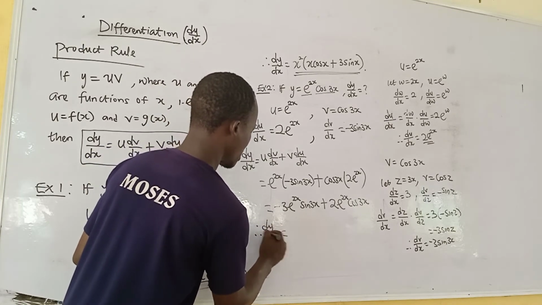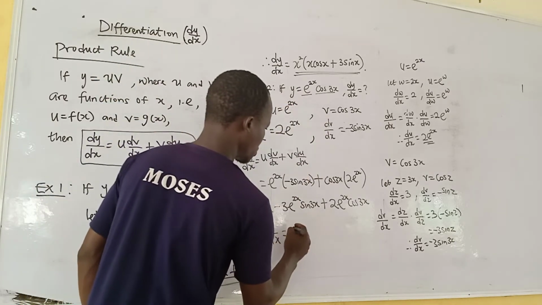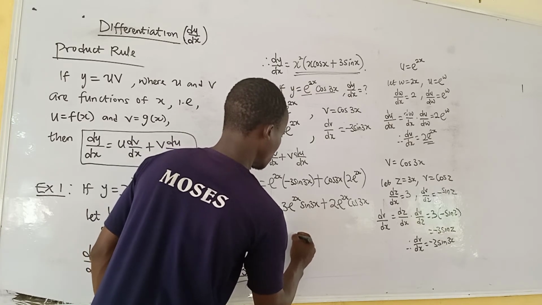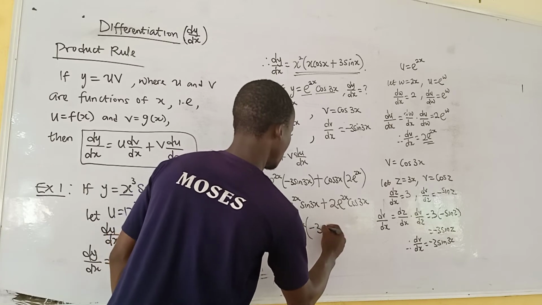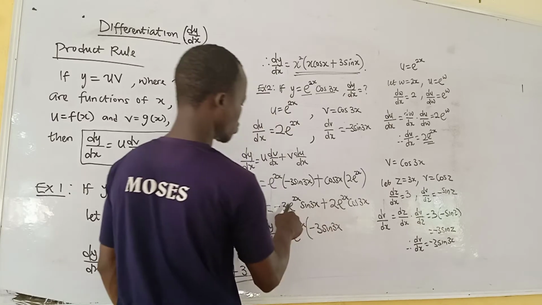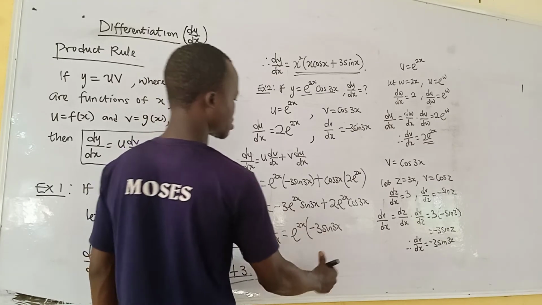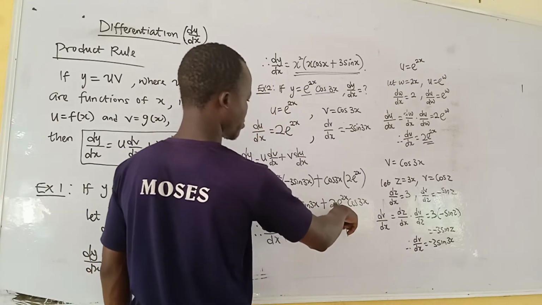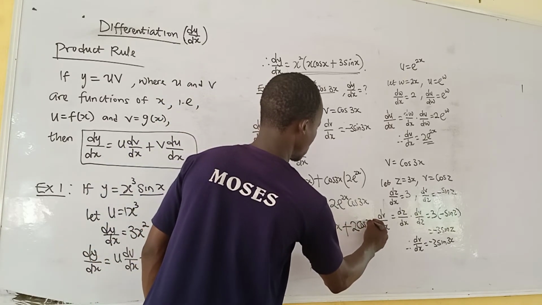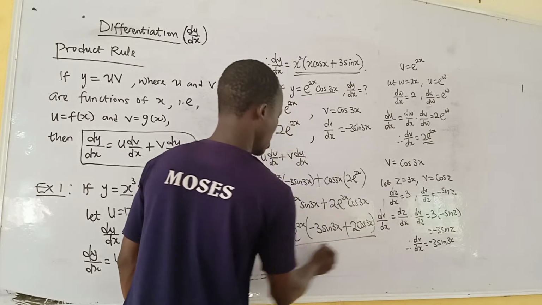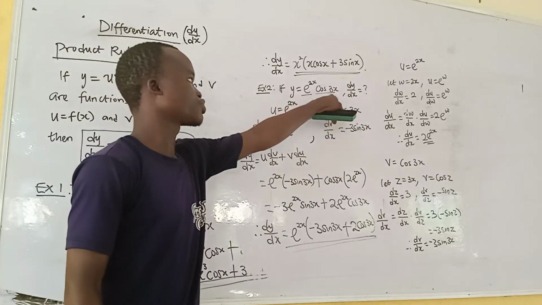Finally, our dy/dx of the product of this function now is exponential 2x times minus 3 sine 3x, because we factor out exponential 2x, so we'll be left with minus 3 sine 3x, plus, when we factor out exponential 2x also from here, we have 2 cos 3x, and that is our answer for the differentiation of this function.